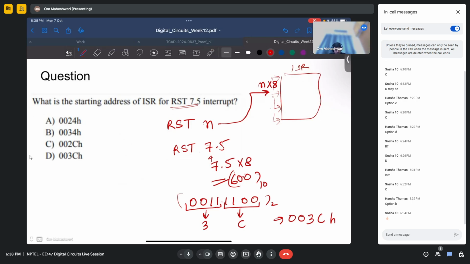The only thing you need to remember is n times 8 is the address, but in base 10, so you need to convert it into hexadecimal form. So your answer is option D.